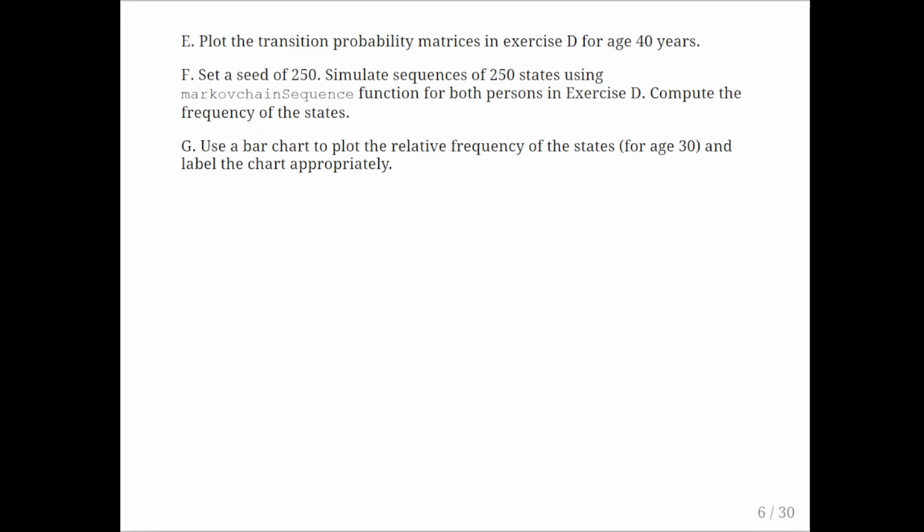E, plot the transition probability matrices in exercise D for age 40 years. F, set a seed of 250, simulate sequences of 250 states using the Markov chain sequences function for both persons in exercise D. Compute the frequency of the states. And G, use a bar chart to plot the relative frequency of the state for age 30 and label the chart appropriately.